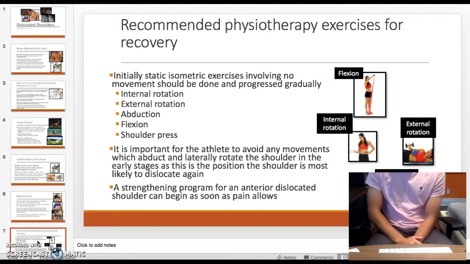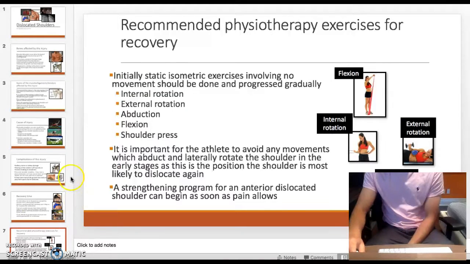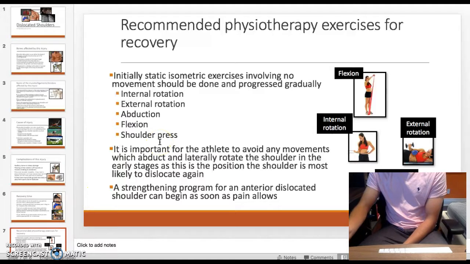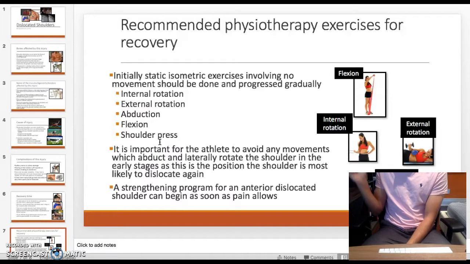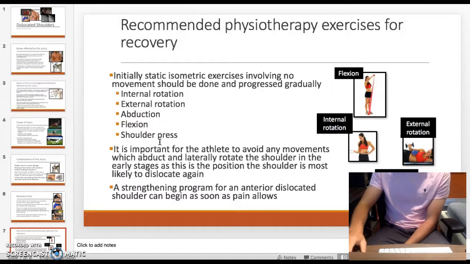Then some recommended exercises for this recovery. When you are beginning, after you are somewhat recovered, you should start with static isometric exercises involving no movement to the shoulder. So just your arm, trying to strengthen and unstiffen your shoulder after its long recovery.